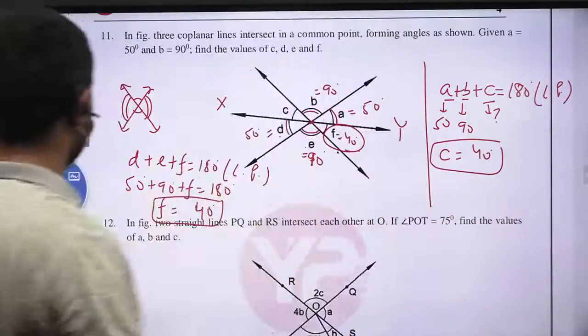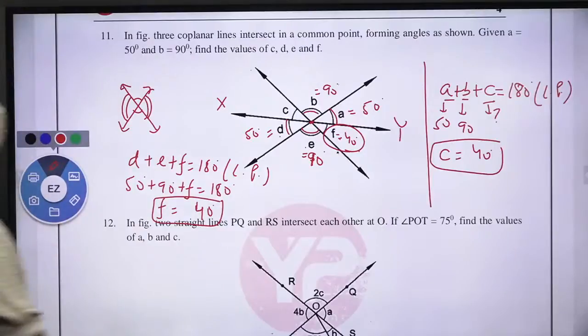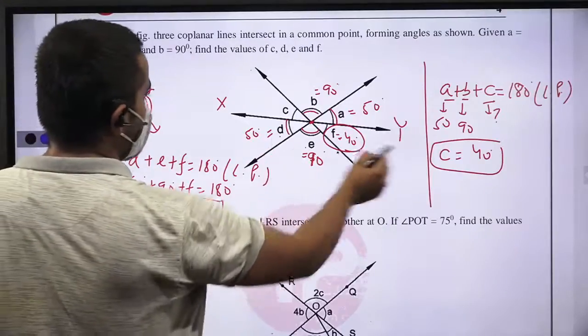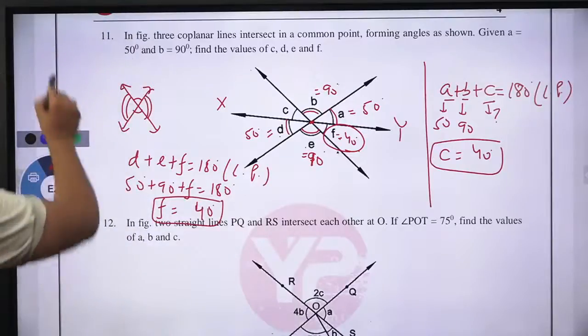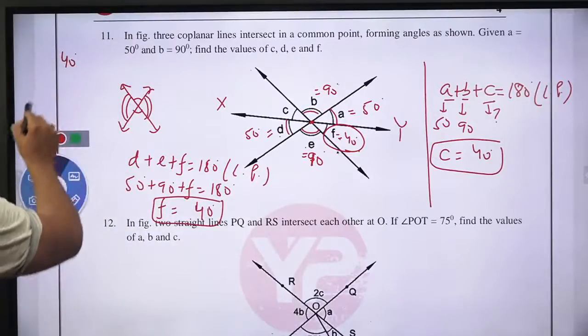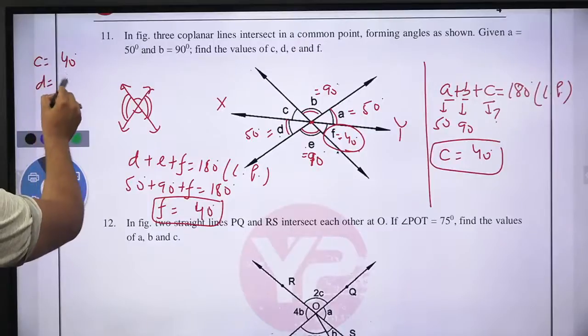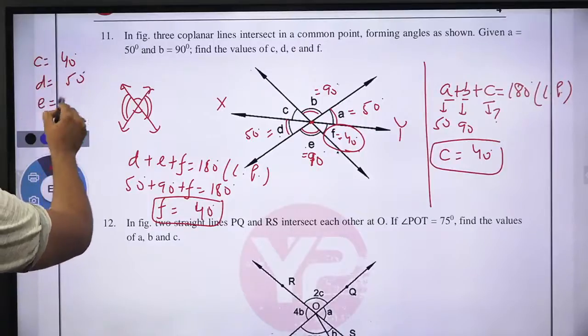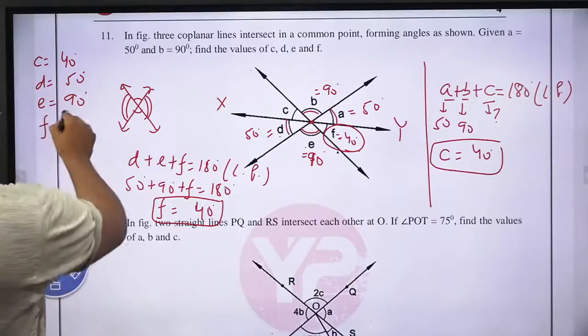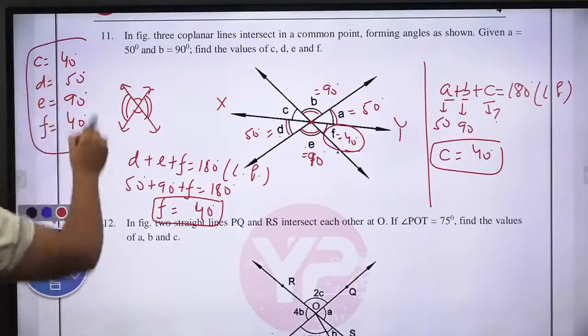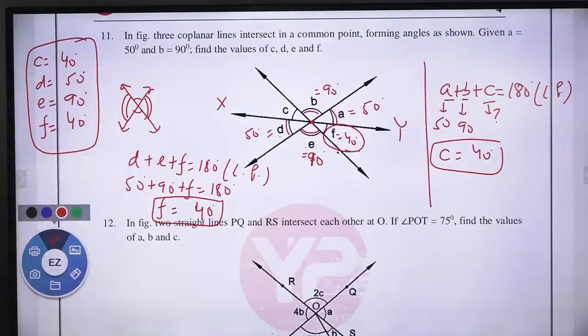So C is 40. We have C 40, D 50, E 90, and F is 40. So the answers are C 40, D 50, E 90, F 40.